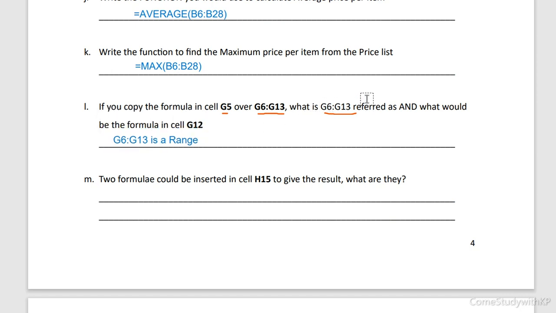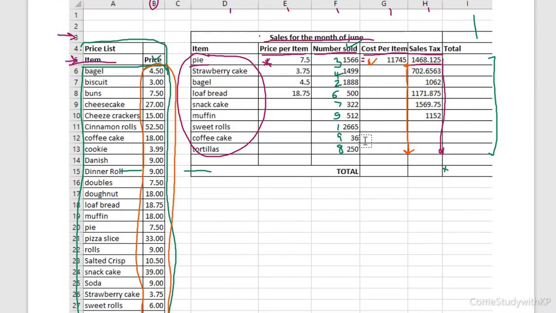And what would be the formula in G12? In this column, we're calculating cost per item.